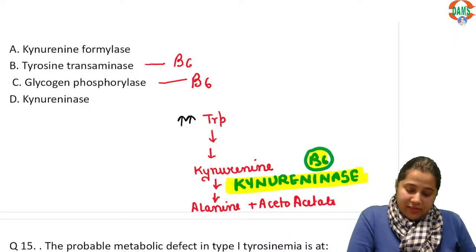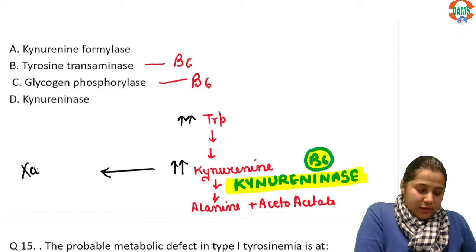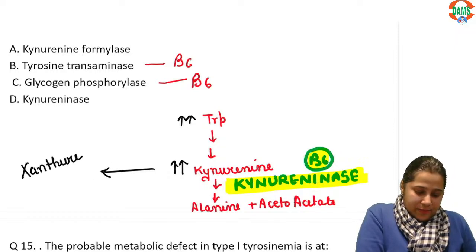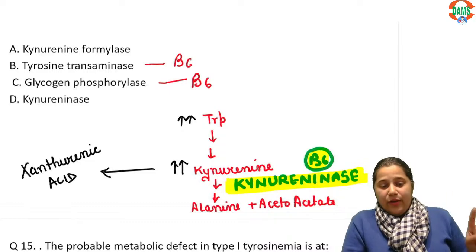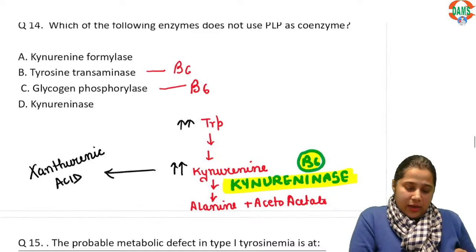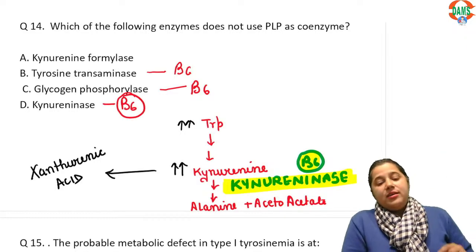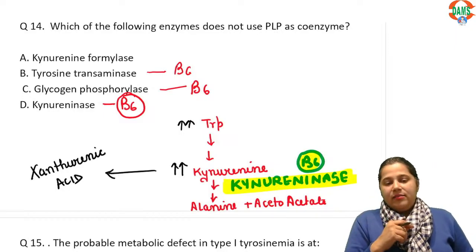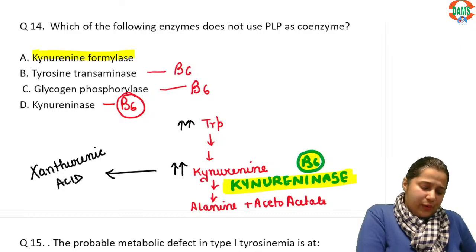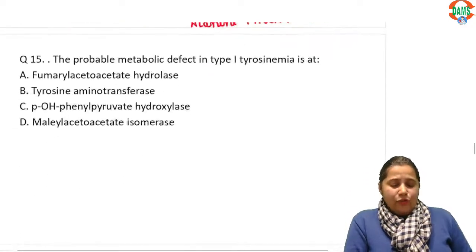But if vitamin B6 is deficient, then kynurenine will accumulate and it is converted to xanthurenic acid. There is no other source of xanthurenic acid in our body. It can only come from kynurenine. So, this is known as the tryptophan load test, and yes, the enzyme kynureninase requires vitamin B6. Now, during the kynurenine pathway, there is another enzyme, formylase, which does not need vitamin B6, and hence the answer is formylase.